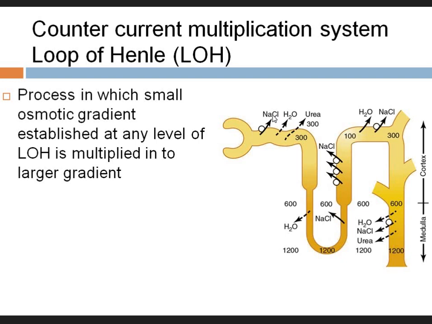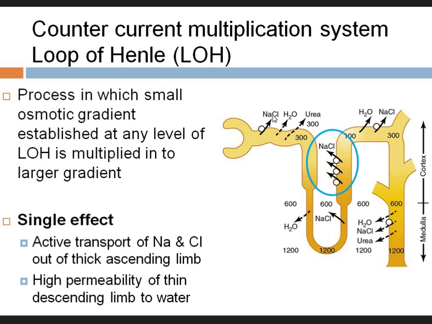Where is this small gradient being developed? This is the place, the thick ascending segment of the loop of Henle, where a small gradient develops, and this is known as the single effect. That means active transport of sodium and chloride out of the thick ascending limb is causing the single effect.